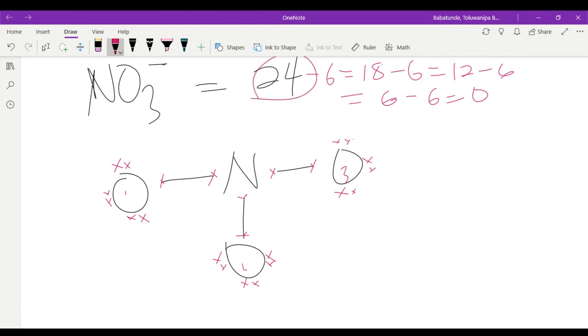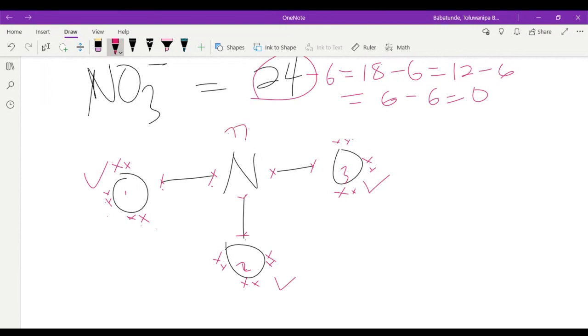So the next thing is we need to check, is everybody happy? Now, oxygen number 1 is happy because it has 1, 2, 3, 4, 5, 6, 7, 8. Oxygen number 2 is also happy. Oxygen number 3 is happy. However, let's check our nitrogen. Nitrogen has 6. Nitrogen is not happy, right?